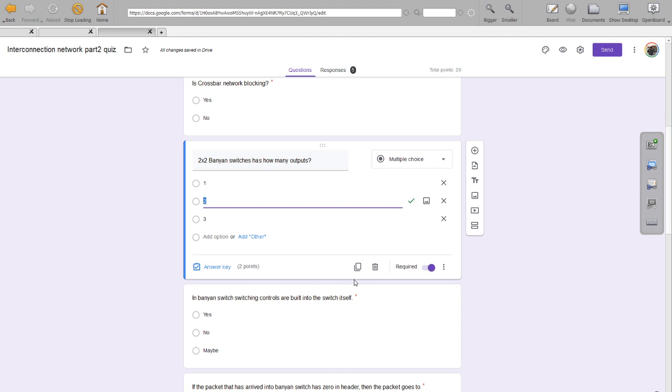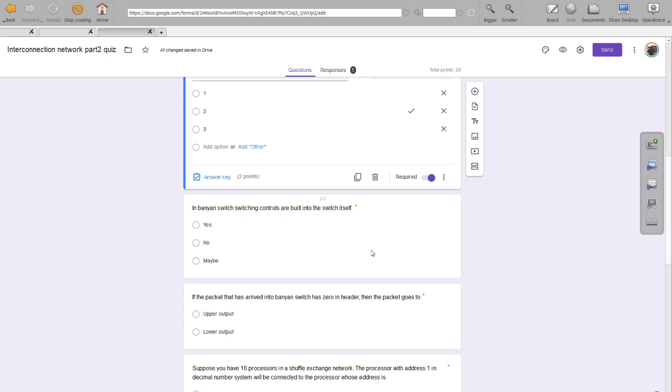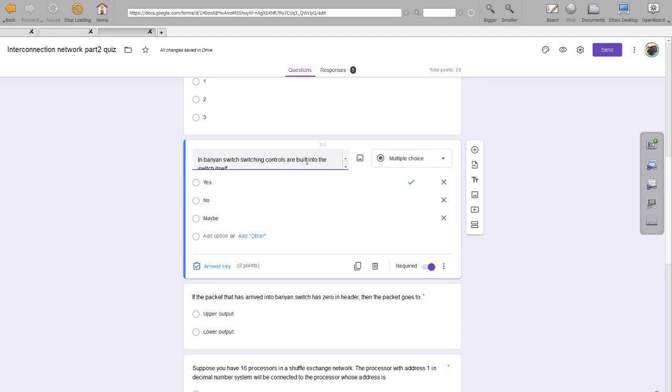Then let me move to the next question, which goes like, in Banyan switch, switching controls are built into the switch itself. You have to tell if the statement is true or false, yes or no or maybe.